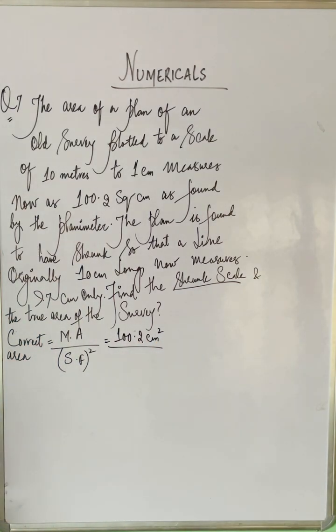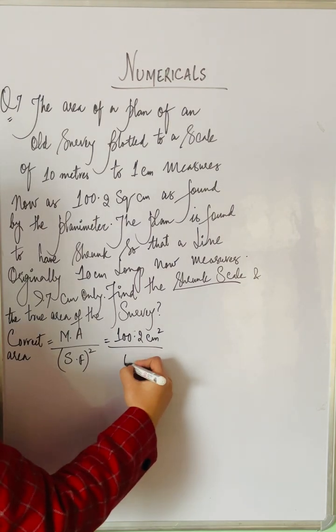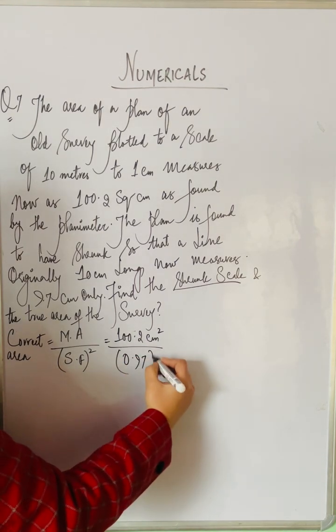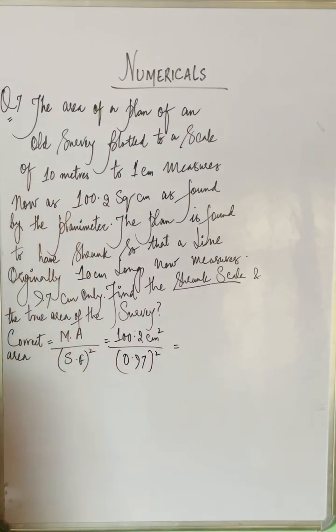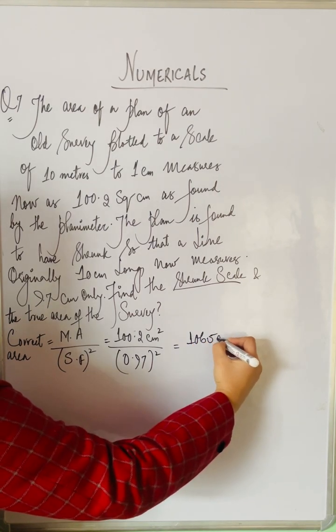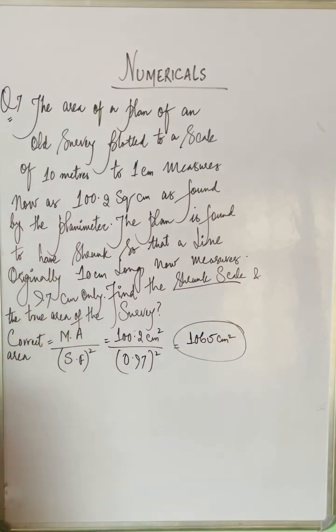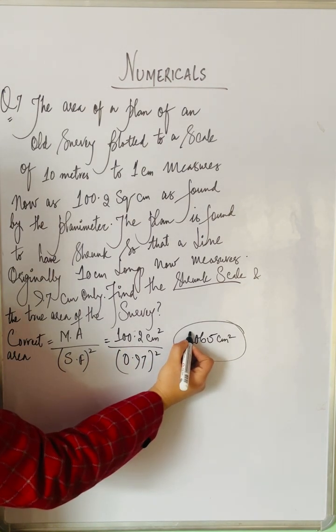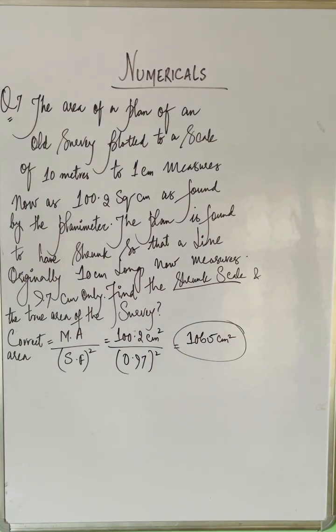What is our shrinkage factor which we calculated? It is 0.97. Square of it, and this correct area will come equivalent to 106.5 square centimeters. So our correct area is 106.5 square centimeter.